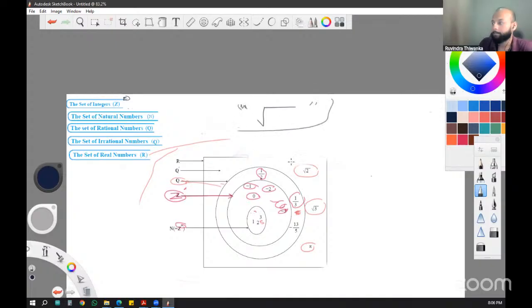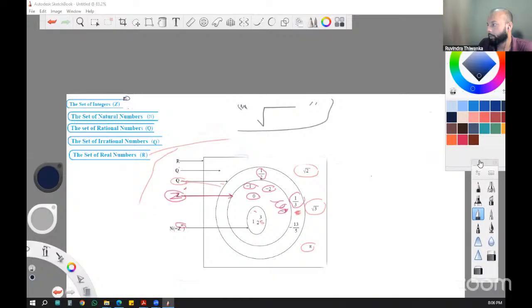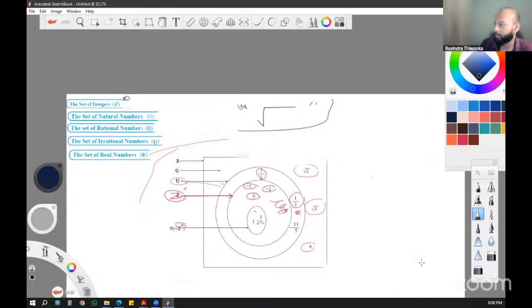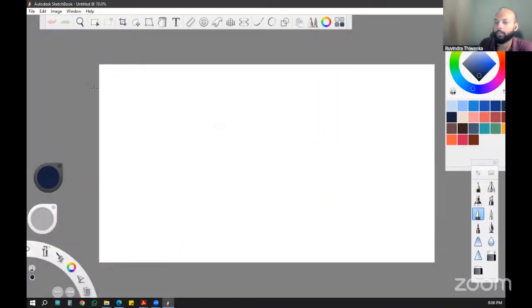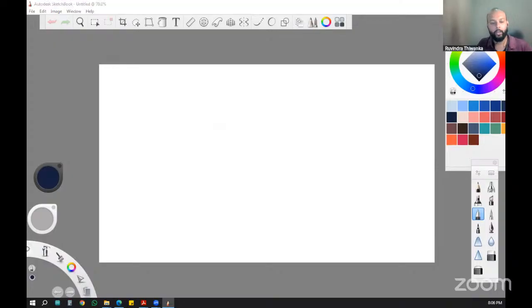So in roots, in the second subtopic, we are going to learn about thirds.